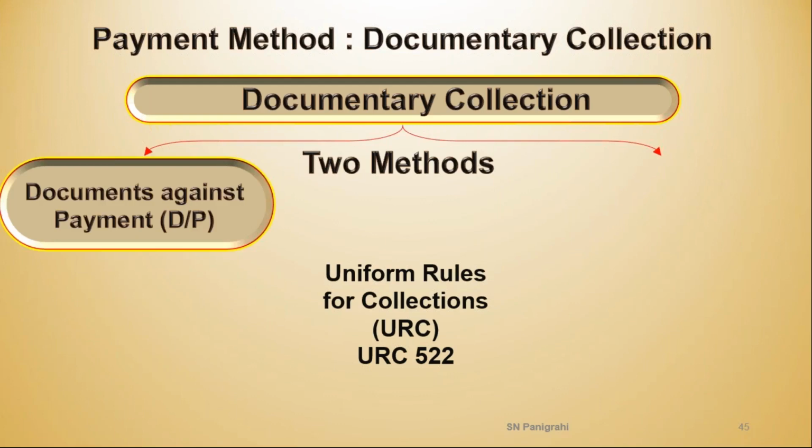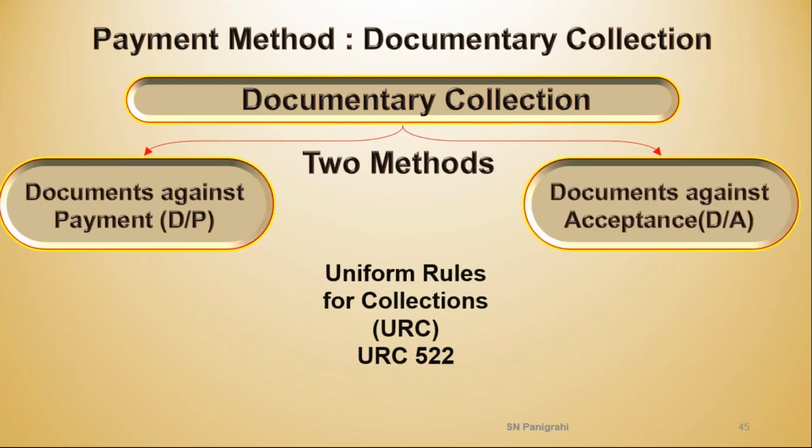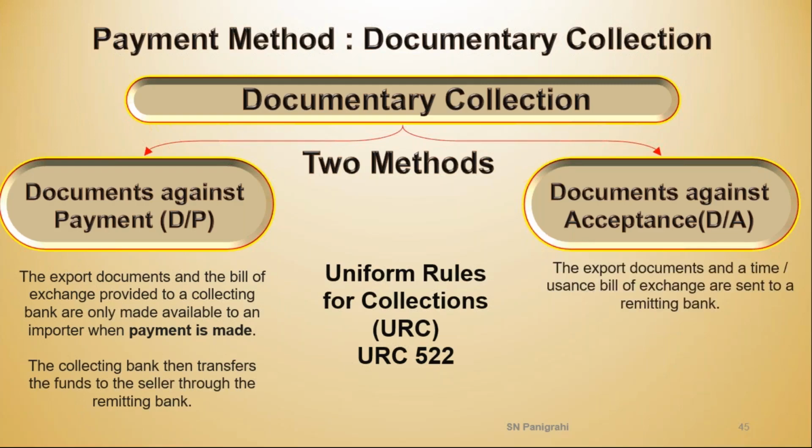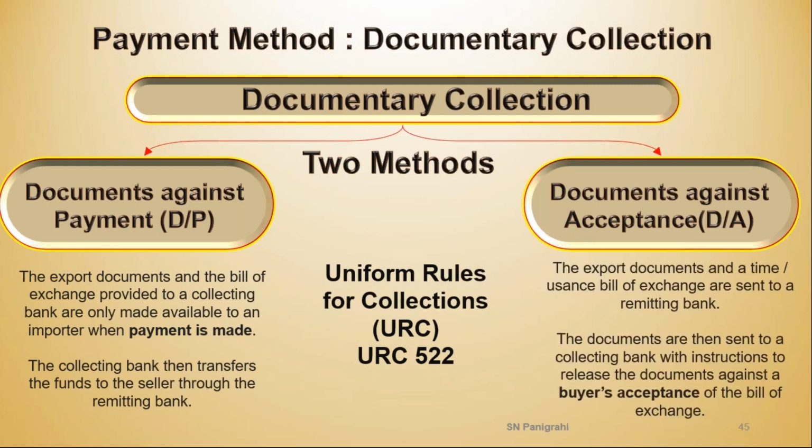DP means documents against payment. You have already made an export, and all the export documents you have submitted to the bank, and that bank forwards them to the corresponding bank of the importer. The importer has to make the payment to the bank, and only then will the bankers give the documents.